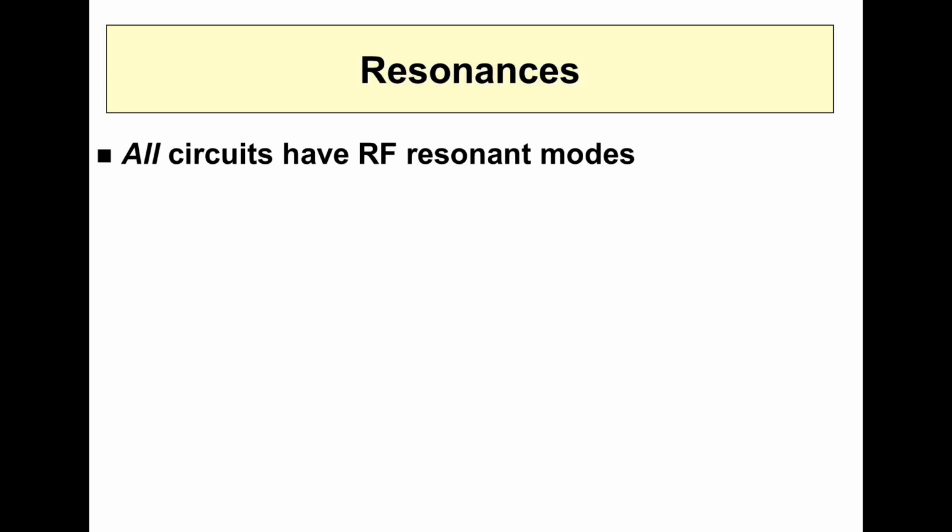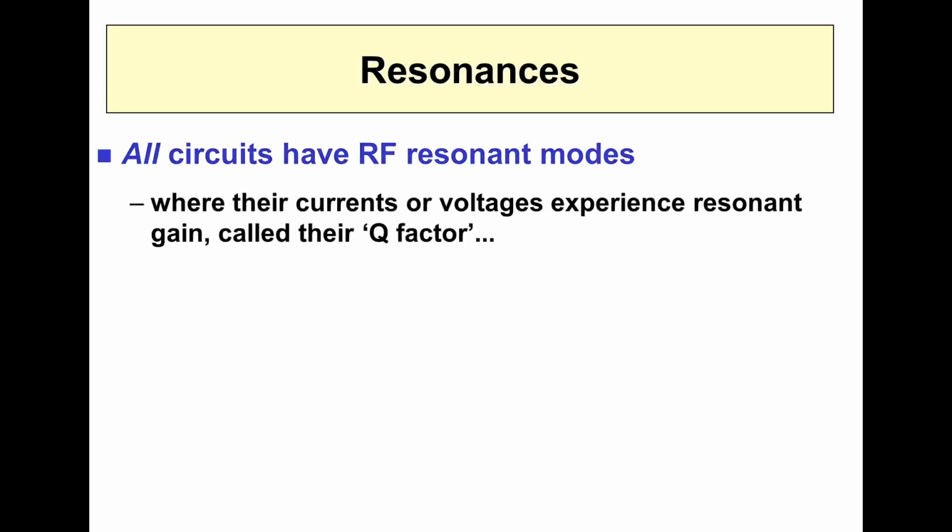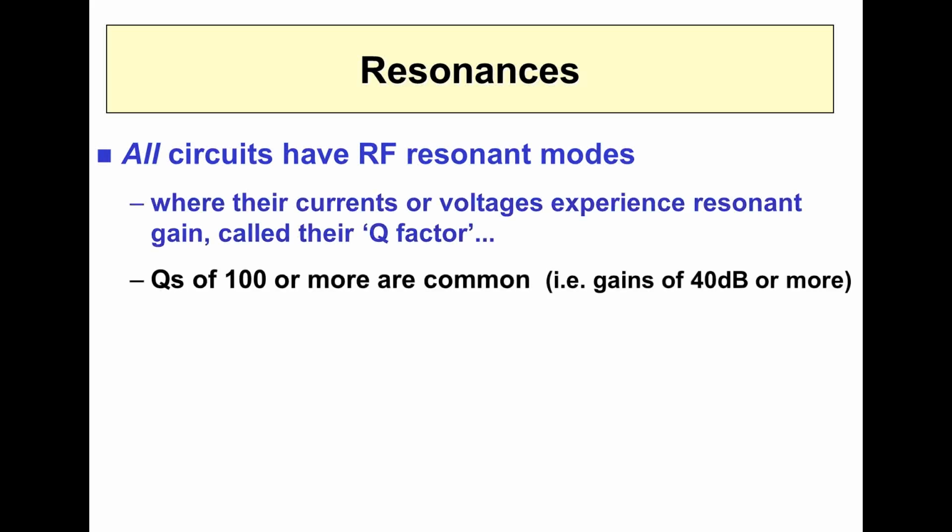It's exactly the same in the circuit world. At these resonant modes, the currents and voltages experience a resonant gain, which is called their Q factor. It's not a TV game show, it's not X Factor or Max Factor. It's not a lipstick. It's a Q factor. So Qs of 100 or more are common because we don't like to design our circuits to be lossy.